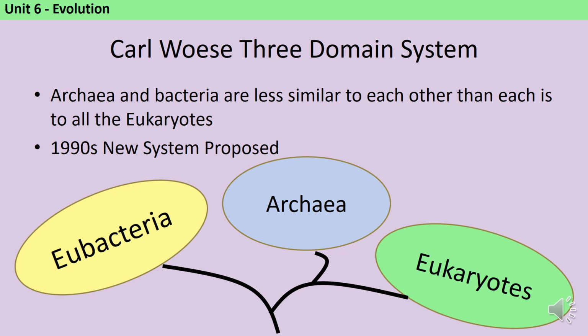So you can see here that the eubacteria, the true bacteria, the original prokaryotes, are in a completely separate domain than the archaea, which we now just call archaea. They're not archaea bacteria because they're not bacteria. And then the eukaryotes. So archaea are still single-celled organisms and they still don't have a nucleus, but in terms of all of the rest of their biochemistry, they're actually very different to the bacteria.